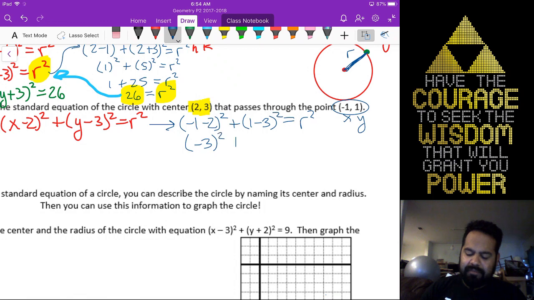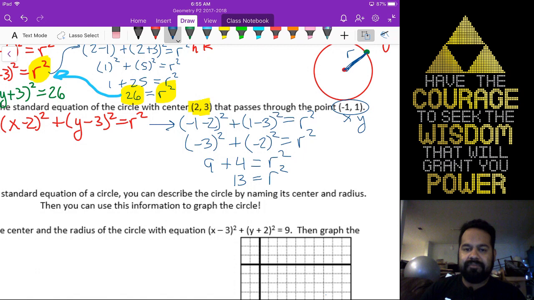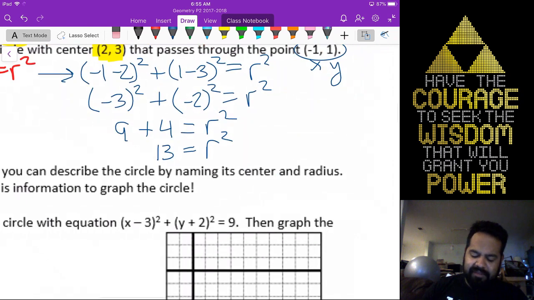-3 squared plus -2 squared equals r squared. 9 plus 4 is r squared. So 13 is r squared. Well, there's our answer. The r squared is 13.